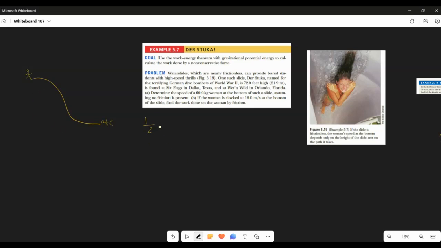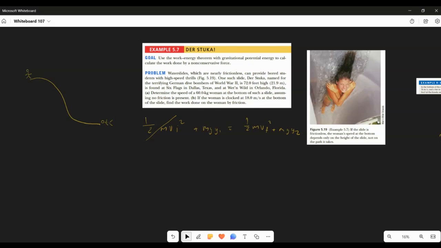On the top you have half m vi squared, plus we have our mg y1, then we have half m vf squared plus mg y2. The first thing is to look at what energies are possessed. At the top, we have no kinetic energy because she's standing still.